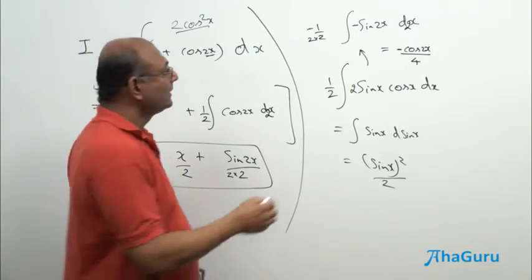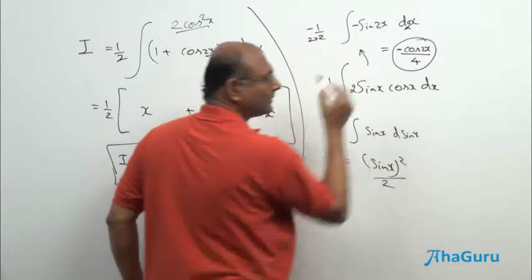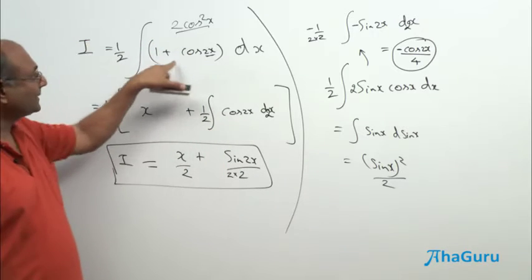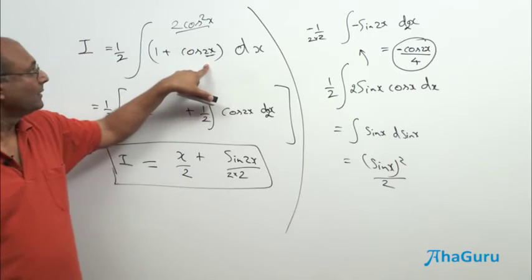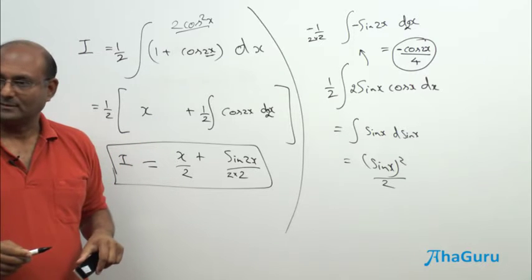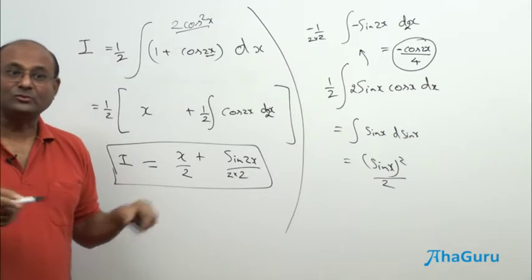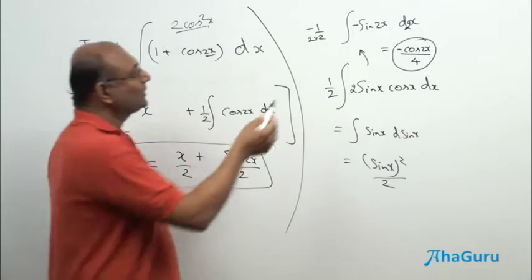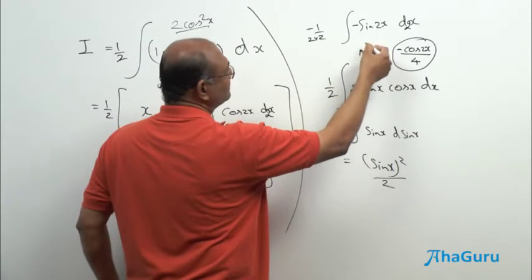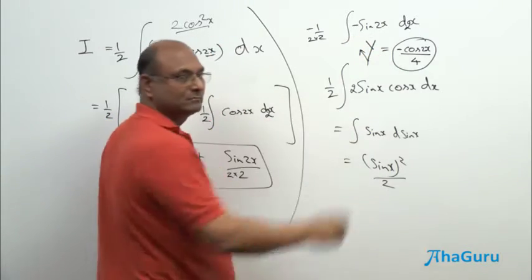Let us think. Let us look at this answer. What is cos 2x? We saw that 1 plus cos 2x is 2 cos square x. But you also have another way to write cos 2x: 1 minus 2 sin square x. So let us rewrite this. Okay, so let me call this y.